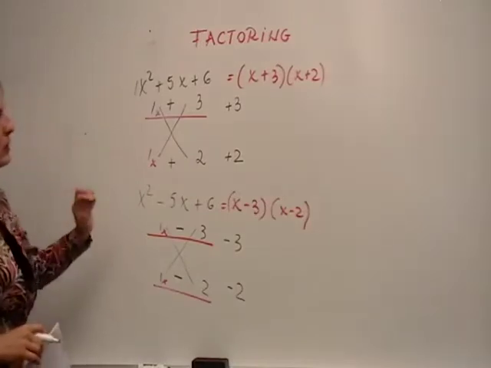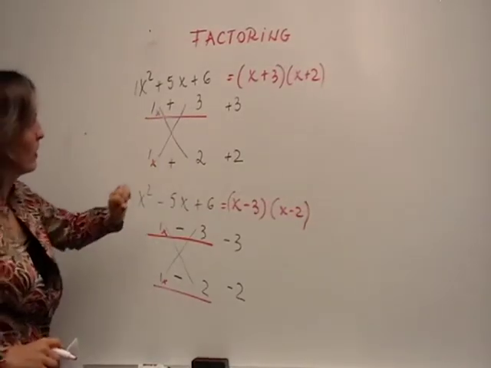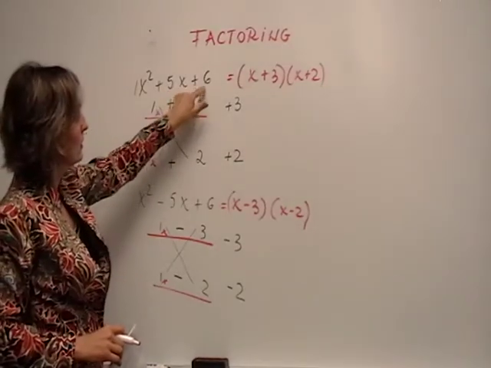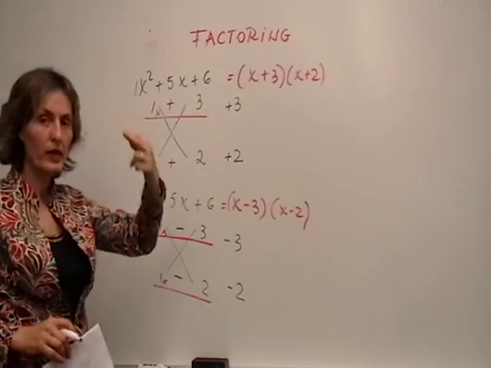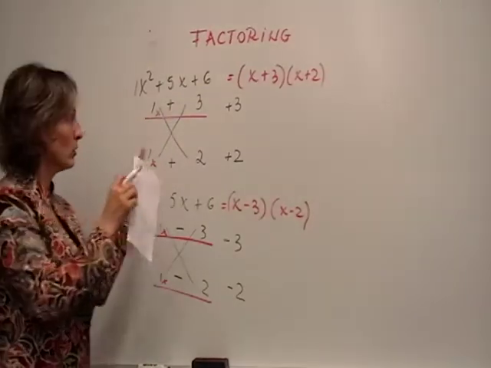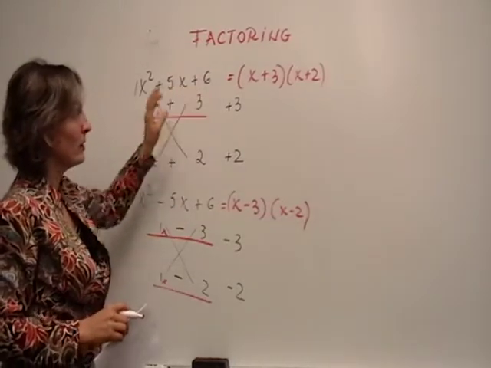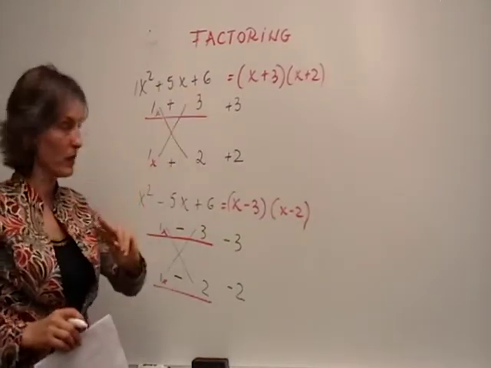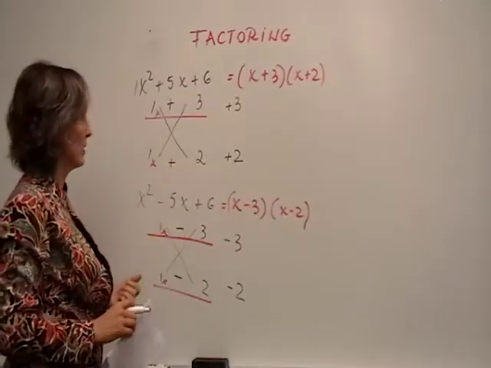Now, let me tell you something. How can you verify yourself besides this method? Now, this term represents the multiplication of the two factors you are looking for. So in order to get a positive, they have to have the same sign. So either they will be positive or negative, they will be the same sign.